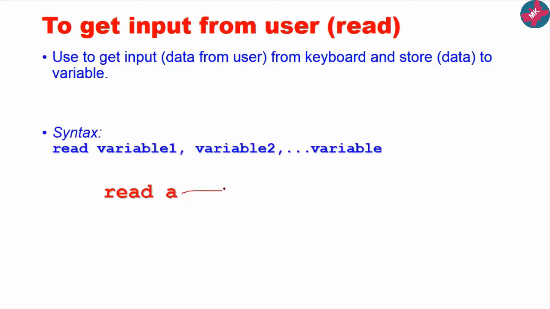So this a is my variable. Whatever the first input the user gives, that will be stored in the variable a. Then next is read b. Like a is a variable, likewise b is also a variable. So to get user input we have to use the read command.